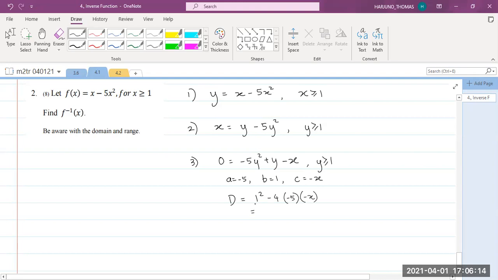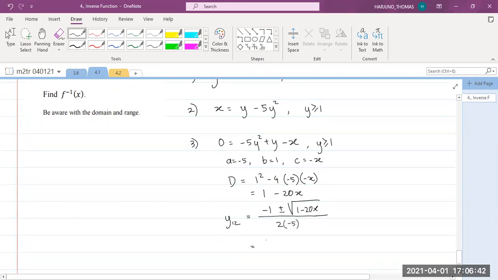That's 1 minus 20x. So y1,2 will be negative b plus or minus the square root of the discriminant over 2a. That simplifies to 1 over 10 minus or plus the square root of 1 minus 20x over positive 10.